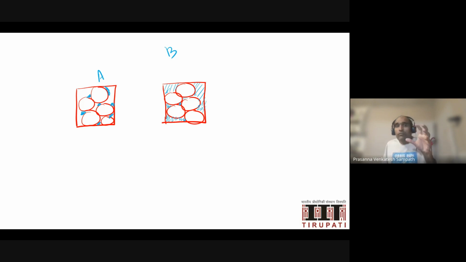Okay. And whenever you have suction, what is happening is, at the microscopic level, the soil particles want to be in contact with the water molecules because of the attraction between the soil particles and the water molecules.